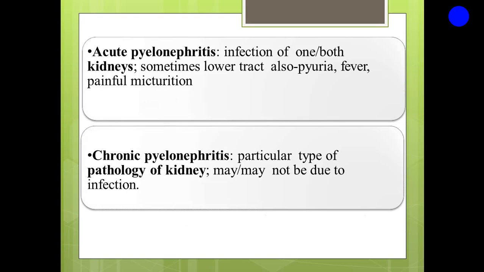We have acute pyelonephritis, which is infection of one or both kidneys, sometimes the lower tract, also pyuria, fever, painful micturition. Chronic pyelonephritis is defined as a particular type of pathology of the kidney, which may or may not be due to infection.